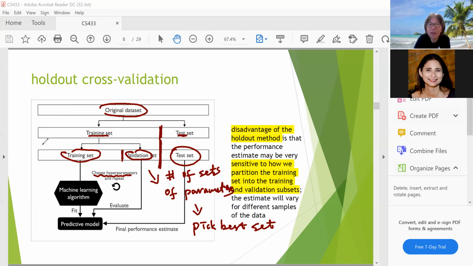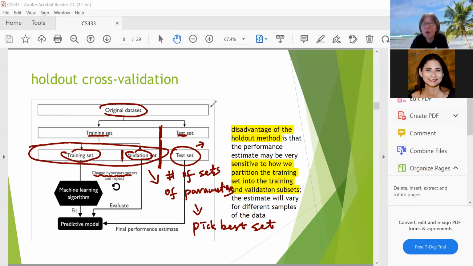This whole training data set we already used for picking, splitting it into training and validation, and picking the best one. After picking the best one, we can use the best set to train the model again and then do the testing.